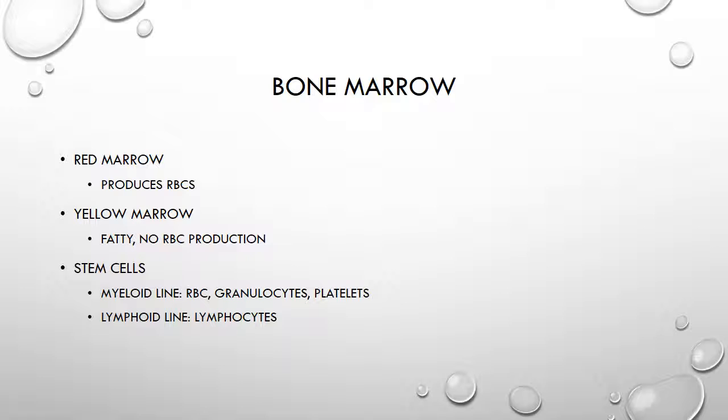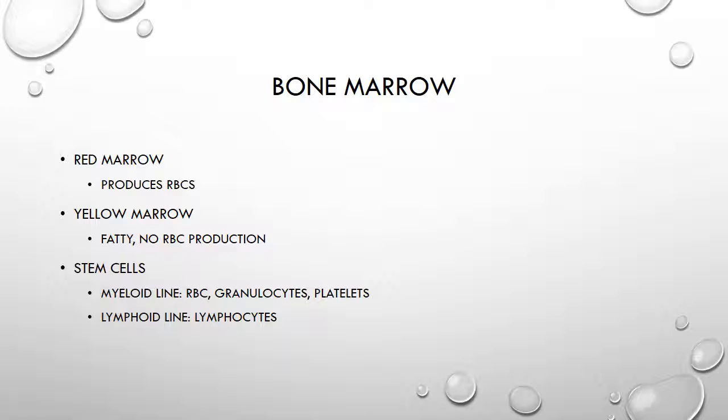The stem cell area is where we get a lot of those various cells created. When we look at the myeloid line, we're going to look at the RBCs, the macrophages, the monocytes, the neutrophils, basophils, eosinophils, erythrocytes, and the platelet cells.